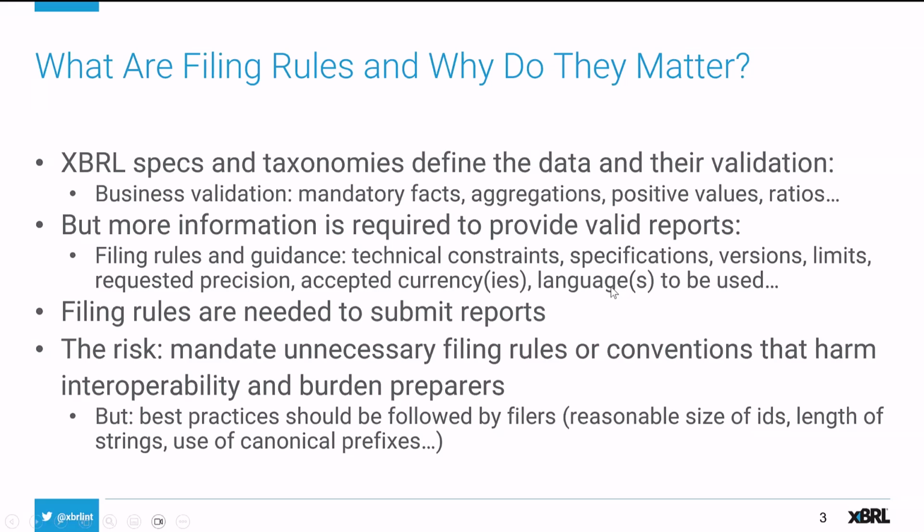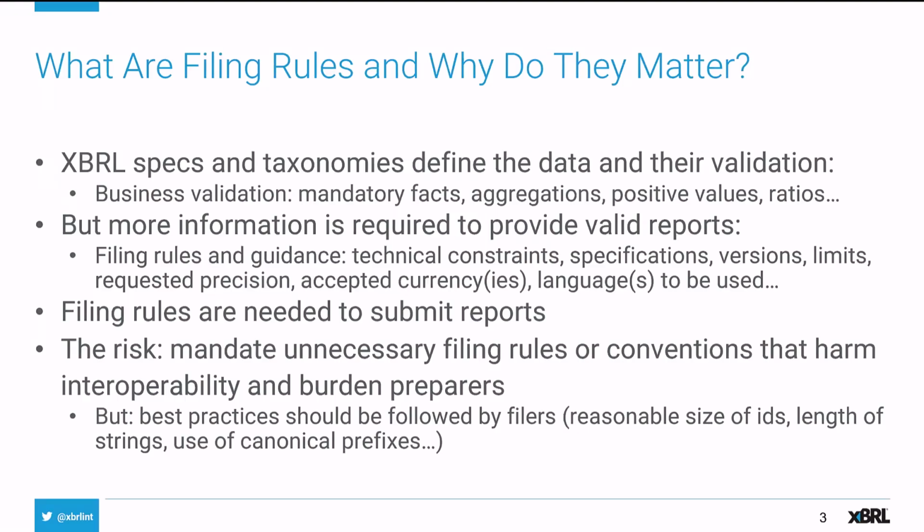So what are filing rules? Preparers have to send reports, and these reports must conform to XBRL specifications and XBRL taxonomies defined by regulators. Typically, these taxonomies define the data and their validation. So as much as possible should be in these taxonomies.